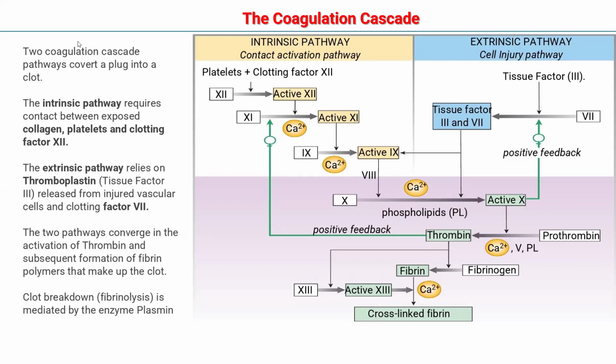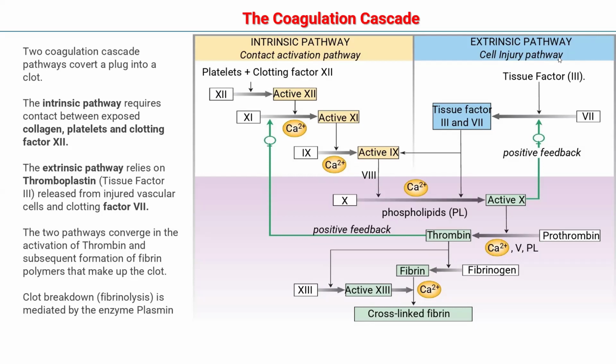So two coagulation cascade pathways convert the platelet plug into a clot. The intrinsic pathway requires contact between exposed collagen, platelets, and clotting factor number 12. Coagulation factor 12 with platelets will lead to activation of factor 12.